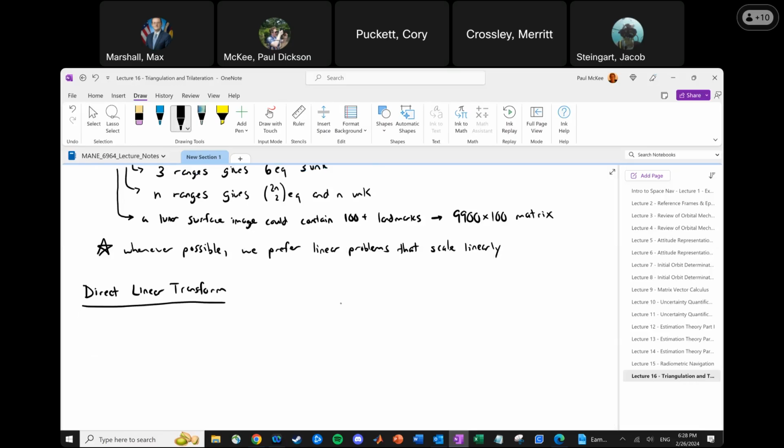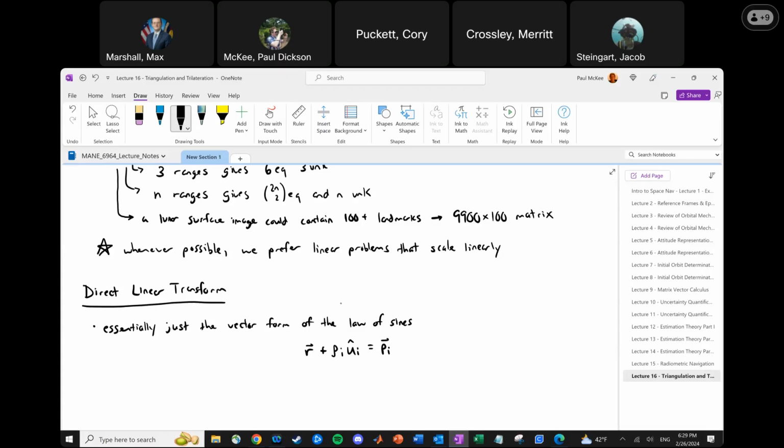So the direct linear transform is essentially just the vector form of the law of sines, right? Remember, our problem looks like this. So we've got r plus rho_i u_i is equal to p_i. And before I said, well, we're going to do everything we can to get rid of r so that the problem just becomes about finding the ranges.